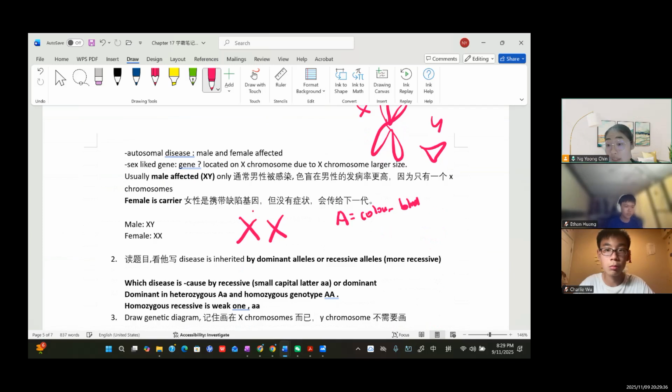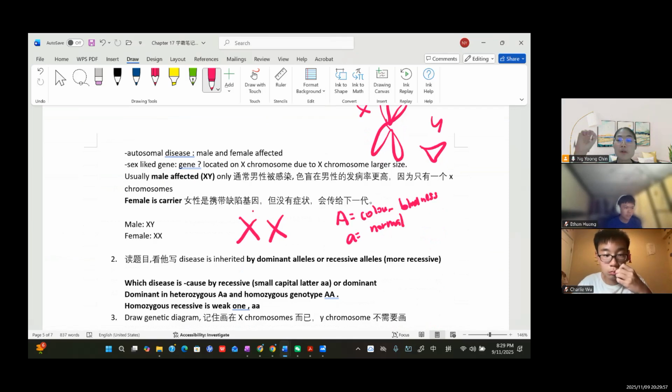Color blindness is a sex-linked gene, because this gene is located on a sex chromosome, and most of the affected will be male. So big A is color blindness, then small a is normal, like you and me.